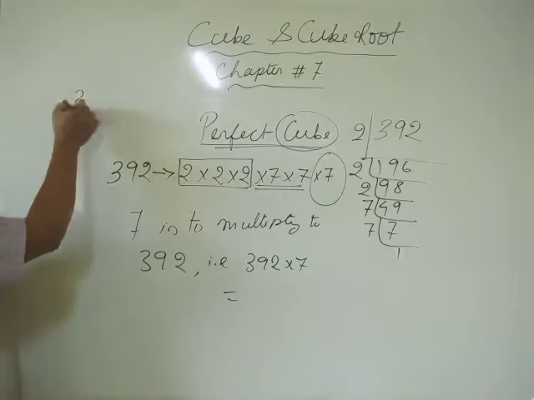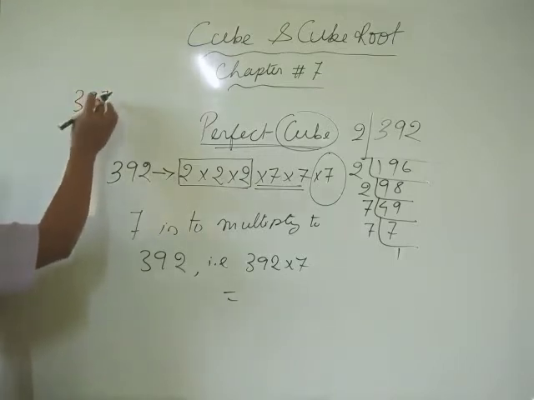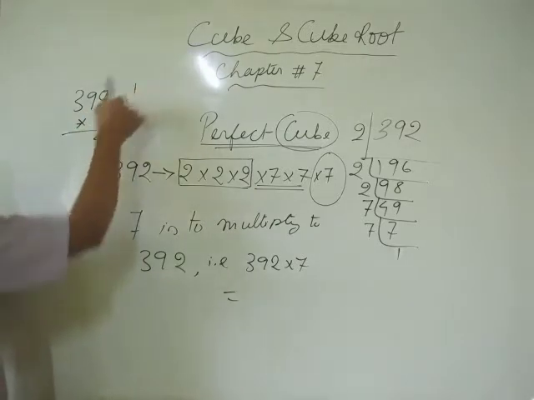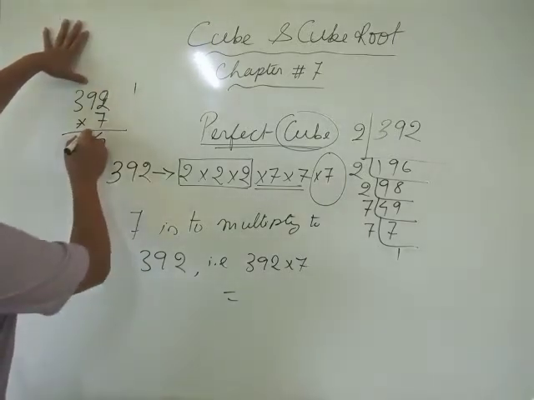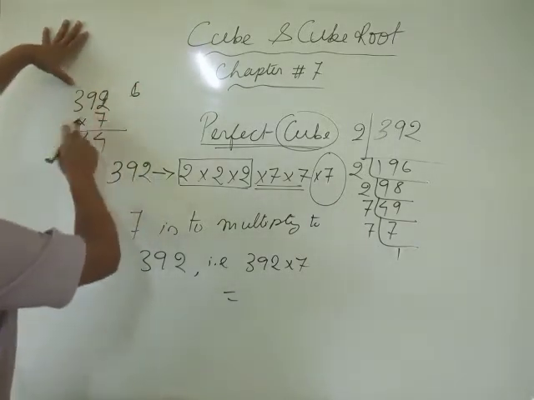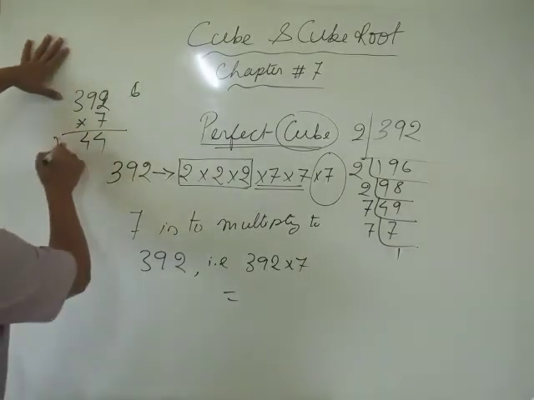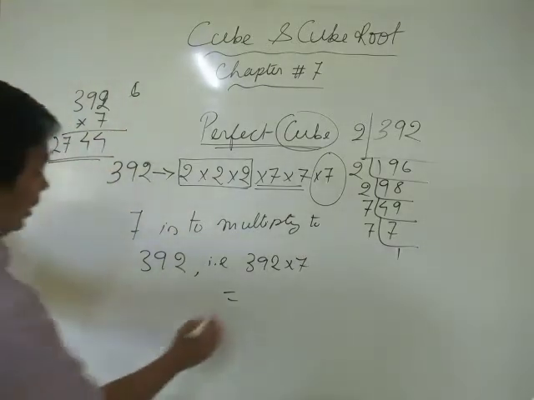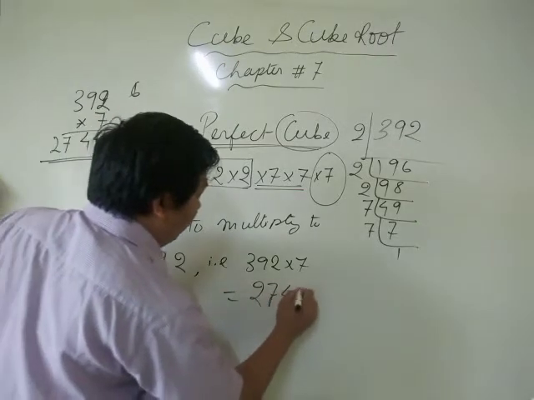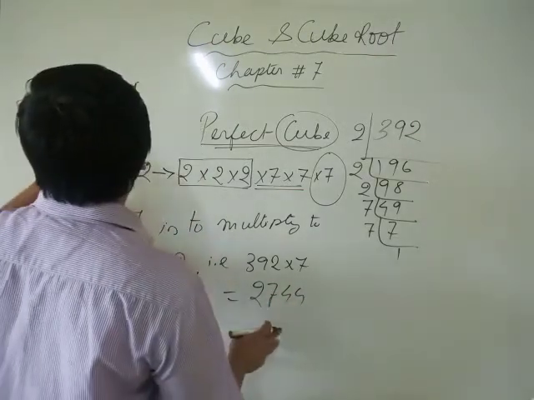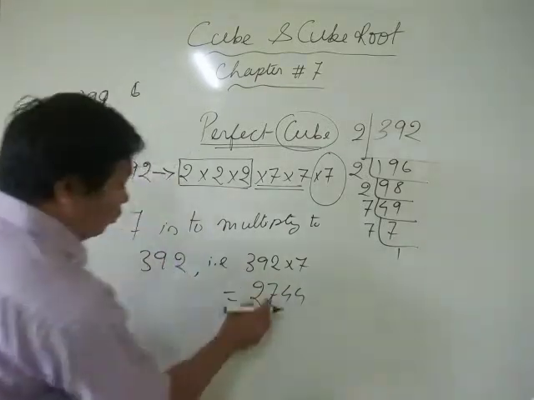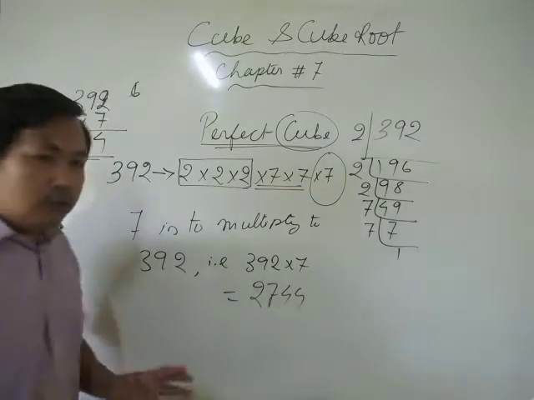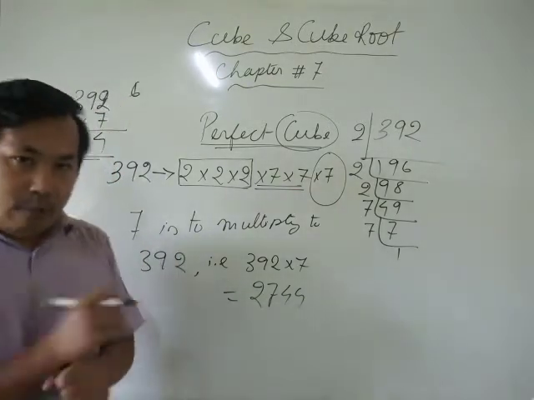Let's find out. 392 into 7: 7 times 2 is 14, 1 in hand, 7 nines are 63, 64, 6 in hand, 7 threes are 21, 27. Now this is the number, that is 2744. So 2744 is the perfect cube now.